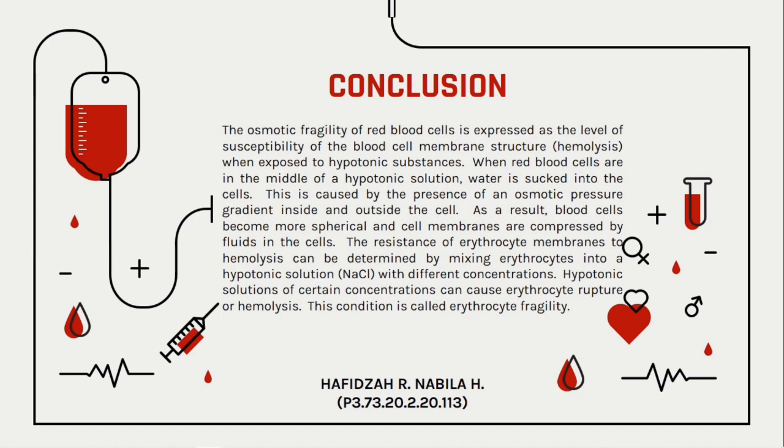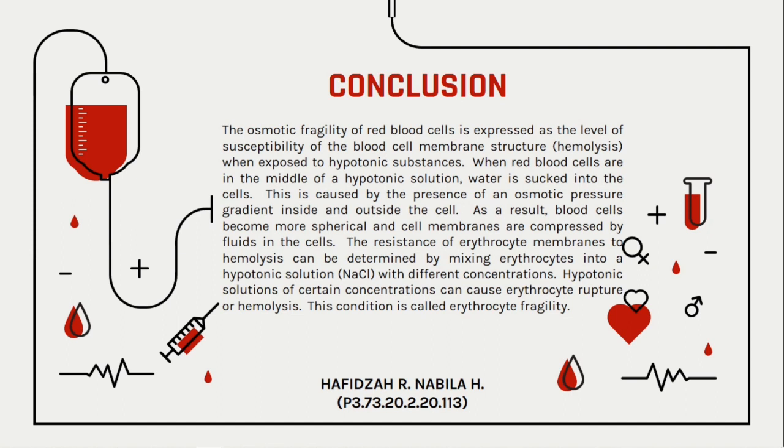When red blood cells are in the middle of a hypotonic solution, water is sucked into the cell. This is caused by the presence of an osmotic pressure gradient inside and outside the cell. As a result, blood cells become more spherical and cell membranes are compressed by fluid in the cells.